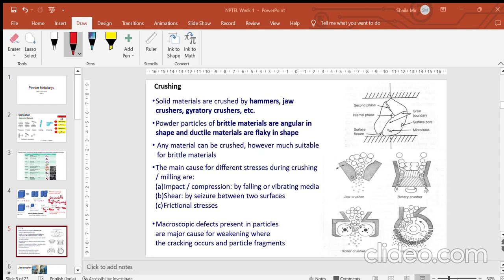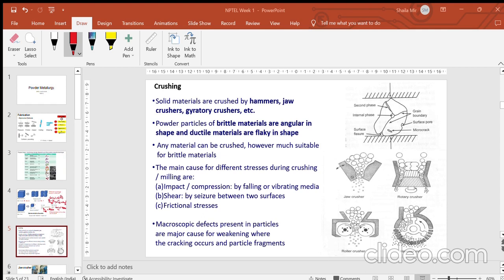So basically during crushing, you have a powder particle, and this powder particle has certain internal defects, and these internal defects, in response to the outer forces, break or propagate first. As the crack propagates, it results in the breakage and disintegration of the powder.